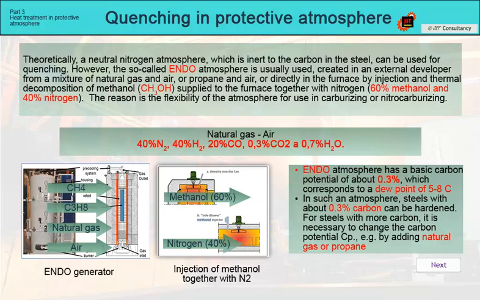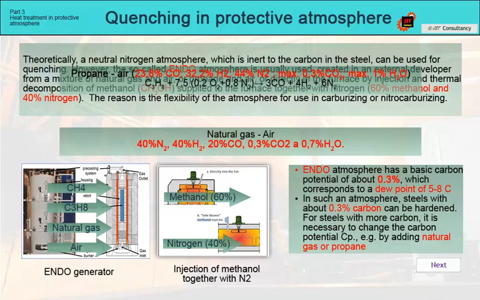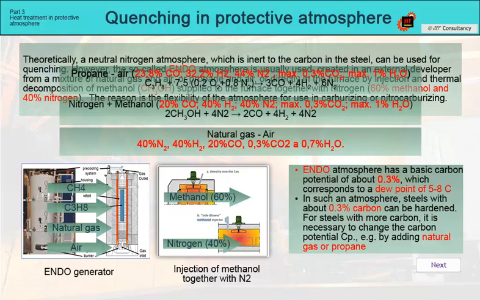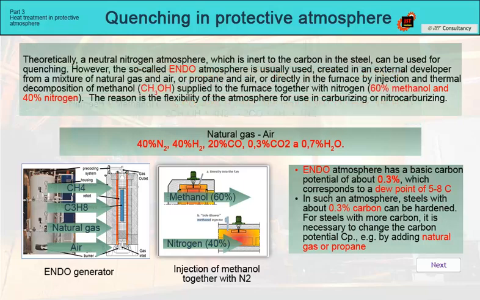In the case of using propane or methane, the chemical composition is partially different, but the CO2 content is decisive. The basic carbon potential of the endo atmosphere is 0.3% and corresponds to a dew point of 5 to 8 Celsius. In such an atmosphere, however, it is only possible to harden steels with a carbon content of approximately 0.3%, without the carbon content of the steel being affected by the atmosphere.